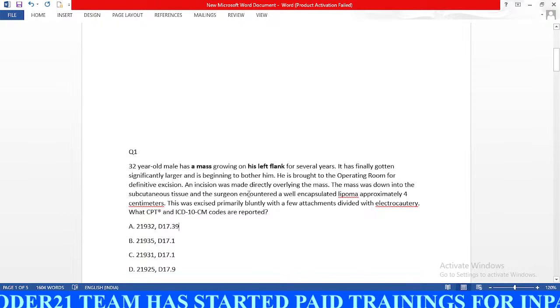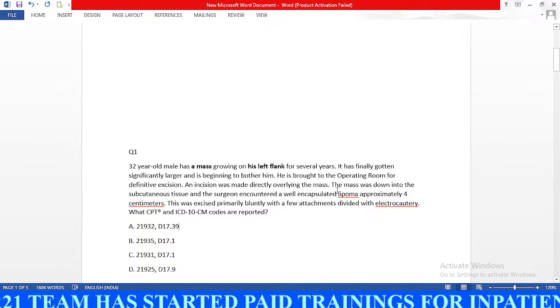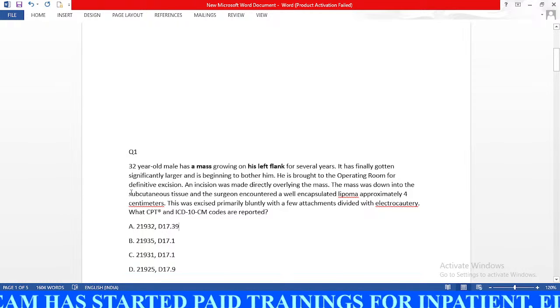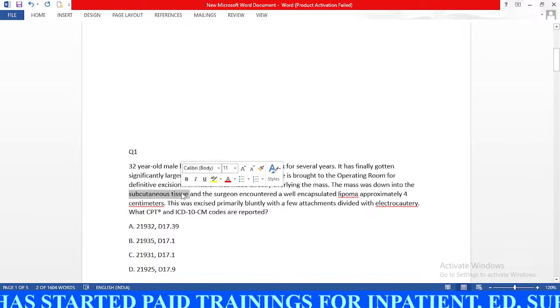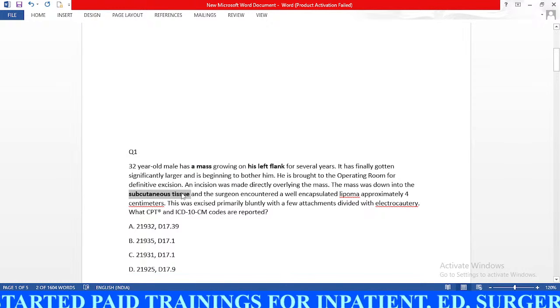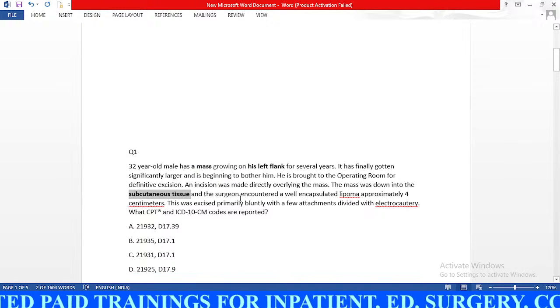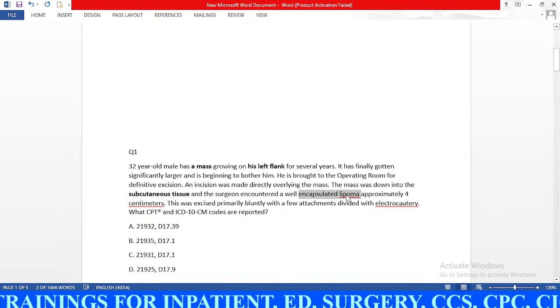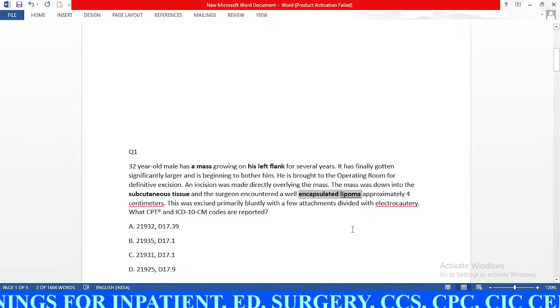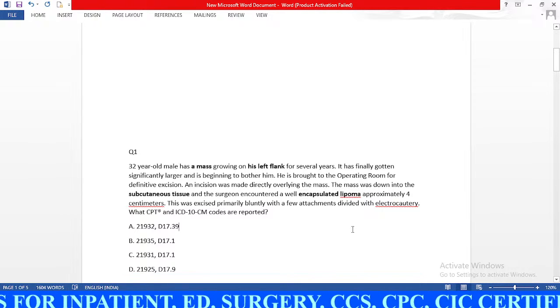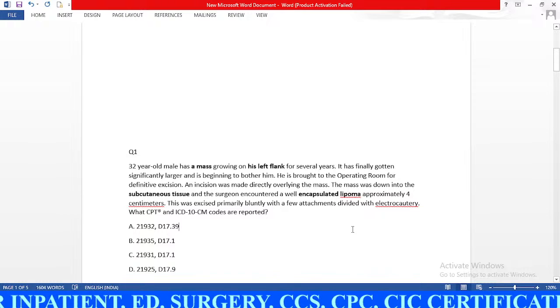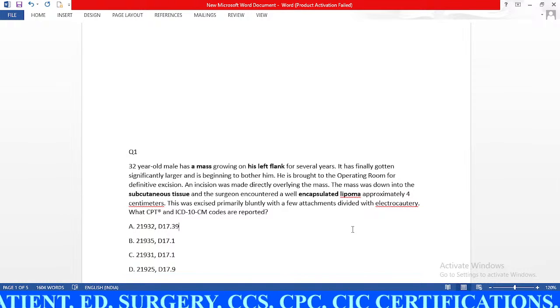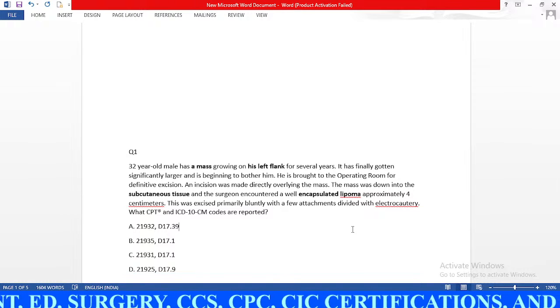An incision was made directly overlying the mass. The mass was taken down to the subcutaneous tissue. Here this subcutaneous tissue level is very important, and also the surgeon encountered a well encapsulated lipoma. First of all you need to know the lipoma. Lipo means fat, oma means tumor, so lipomas are fat tumors.